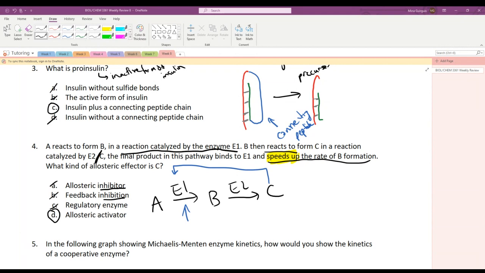So final product C or D or F or Z even will go back and bind to E1 and it'll inhibit E1 or E2. And that is called feedback inhibition because it forms what's called a feedback loop, okay? Where the final product inhibits the first reaction, and as final product concentration goes down, E1 is then free to act on A and start forming more product only when we run low, okay?